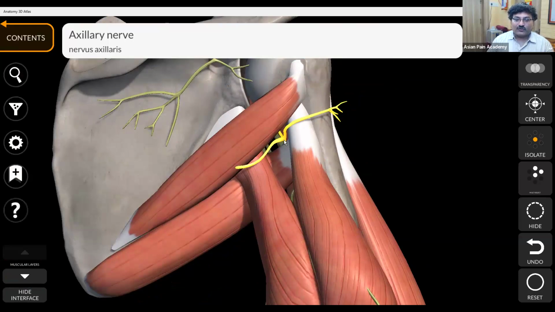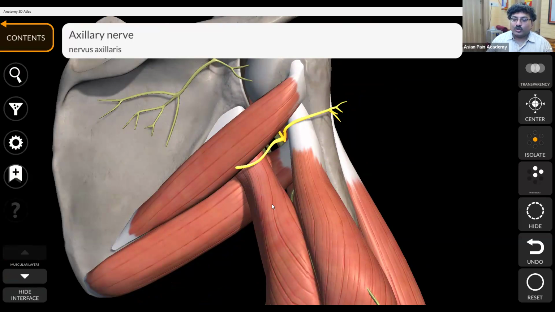So you can think of it like this. There is the teres minor, which remains the most superficial and most superior, and just behind or below the teres minor we have the teres major. If we go laterally, then we come to the long head of the triceps.